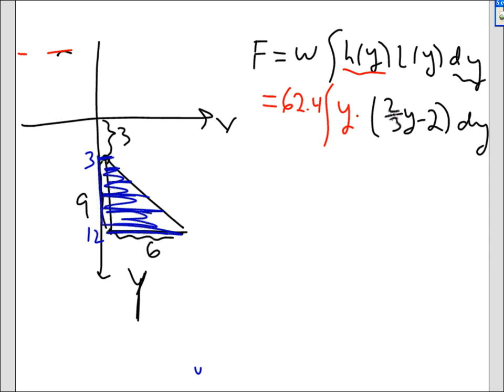The object, some of the object is 3 feet under the water. Some of it is 3.001 feet in the water. Some of it's 4 feet in the water. Some of it's 11 feet deep in the water. And some of it's 12 feet deep. Going from 3 to 12.